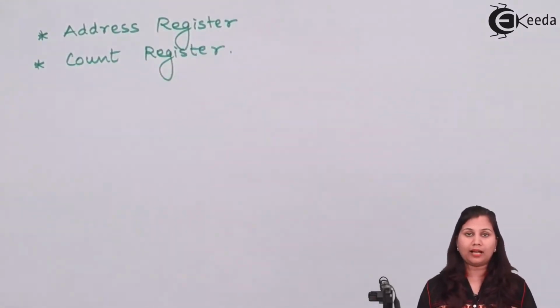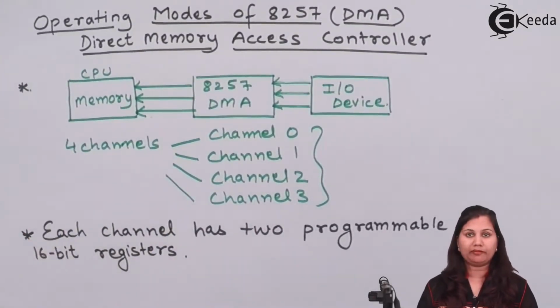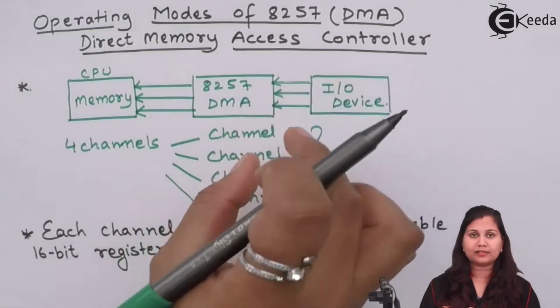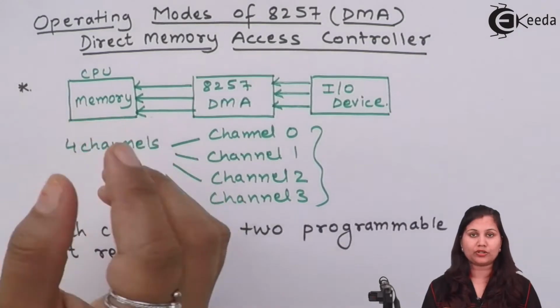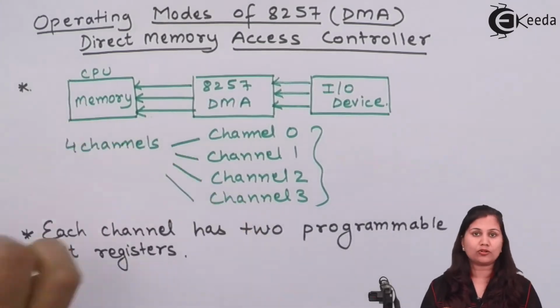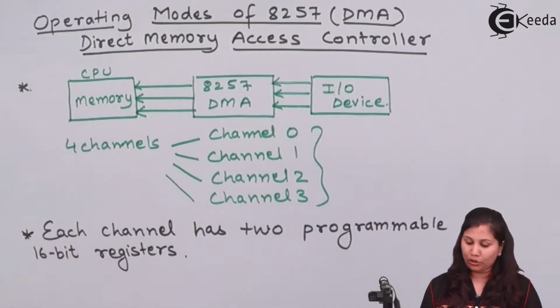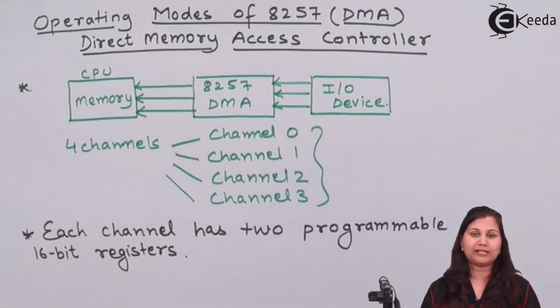When data is transferred between the memory and input output devices, the input output device has some specific address, and the memory location where the data has to be stored, or from where the data has to be picked, that address also has to be known to the DMA. So for holding the address of the memory location, or of the input output device, we have the address register. And the count register is used to count the number of bytes which are transferred by the DMA.